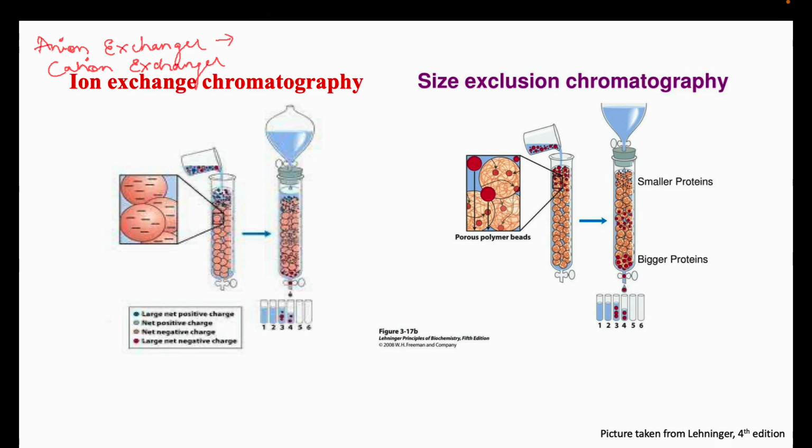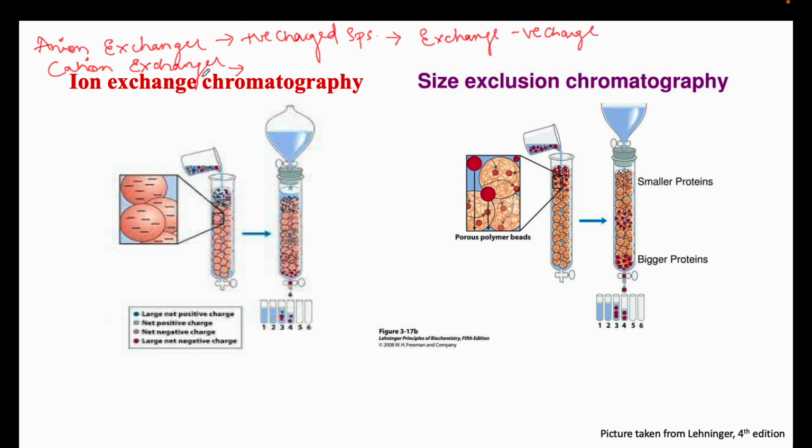Anion molecules are negatively charged, and these are anionic exchangers, so they themselves will have a positive charge on them, positive charged species, and they'll exchange negative charge. Okay, this is very important, don't get confused. Anion itself is a negative charge, and this is anion exchanger, so they have to be positively charged.